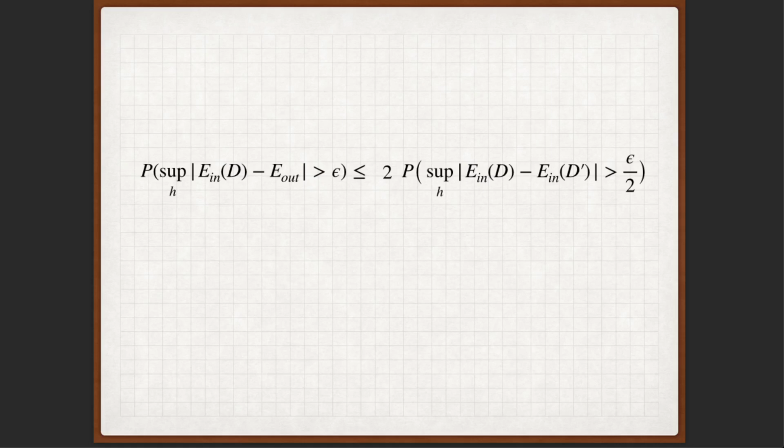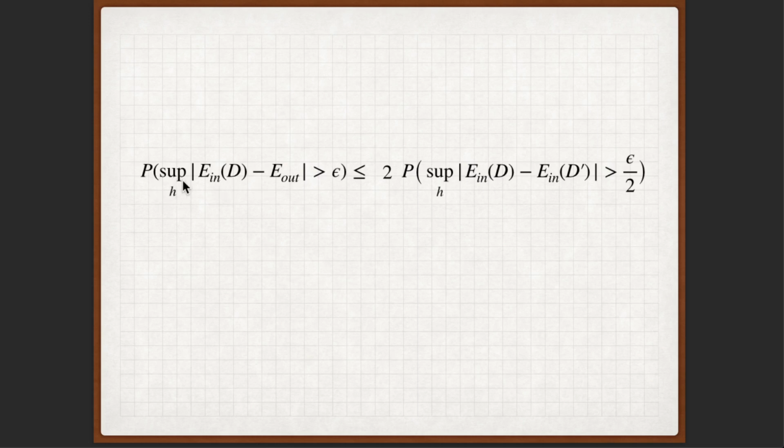Well, in the next part, we will provide some technical details about the derivation of this inequality, where we upper bound the maximally possible difference in the in-sample evaluation of a hypothesis that belongs to some family.